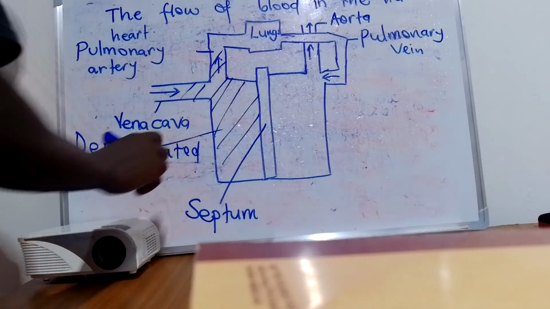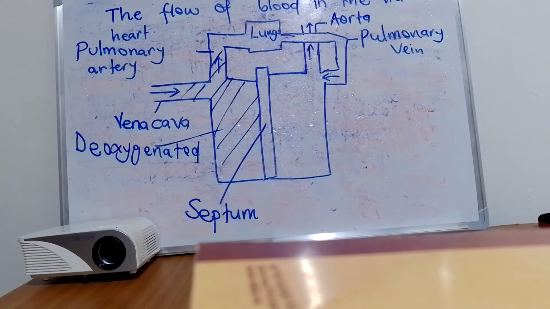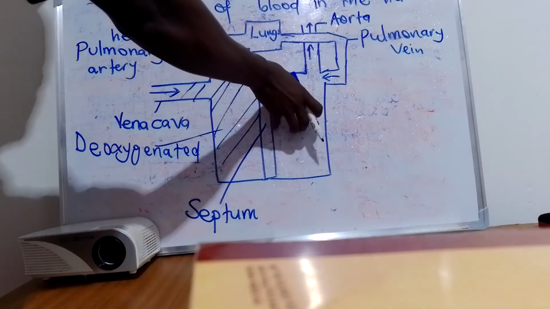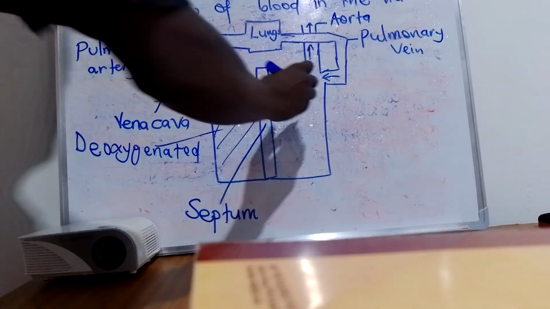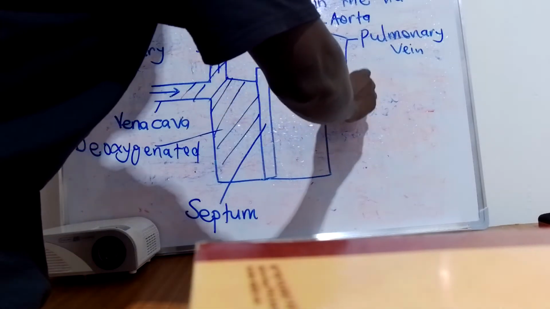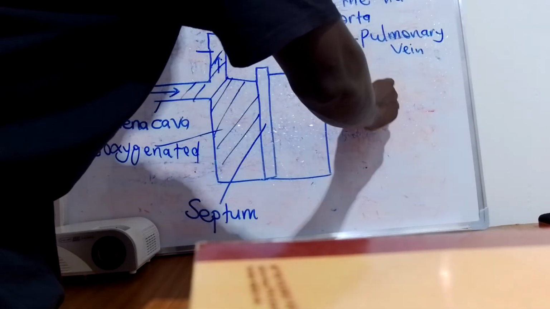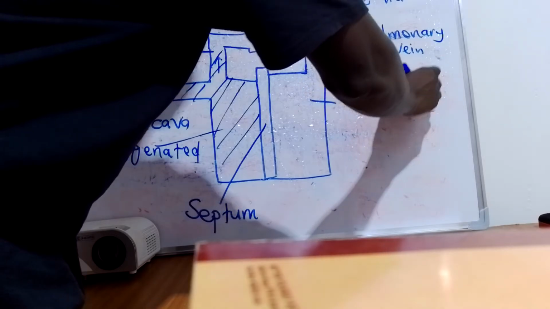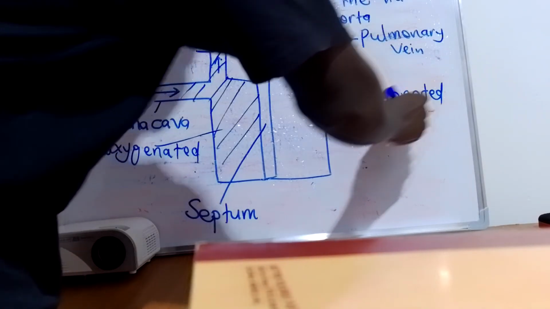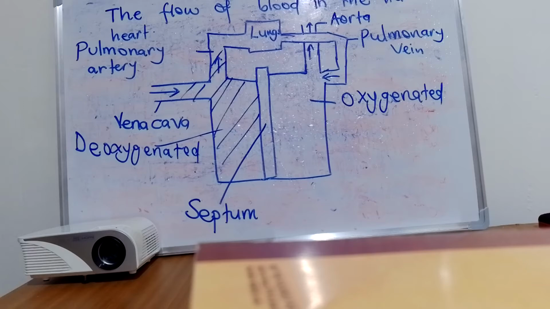That is blood that does not contain oxygen. This section of the heart is occupied by oxygenated blood, and that is blood that carries oxygen.